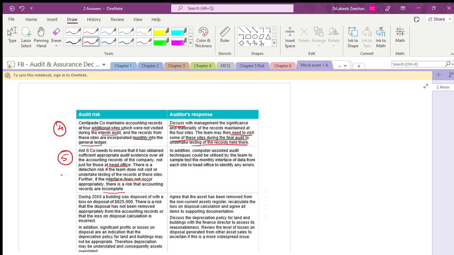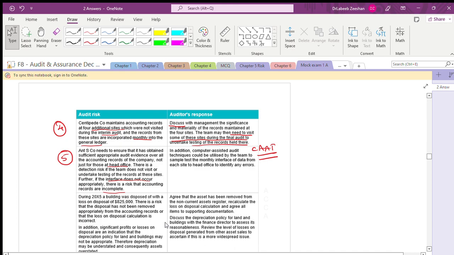The interface is nothing but just the online transfer of files. We are concerned about only one thing: what is the audit response? The audit response is computer assisted audit techniques, CAAT.